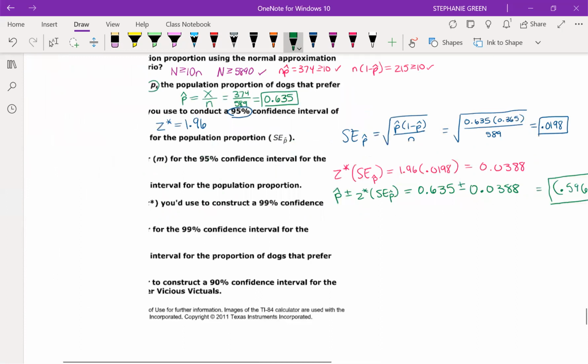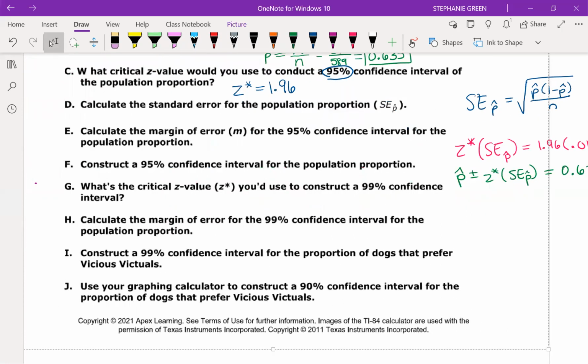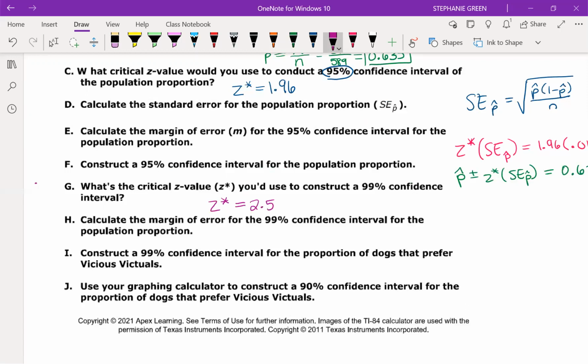Okay, the next part here, we're going to do the same thing, but now for a 99% confidence interval. So once again, you should have these numbers pretty much memorized by now. The critical z star for a 99% confidence interval is always 2.576.